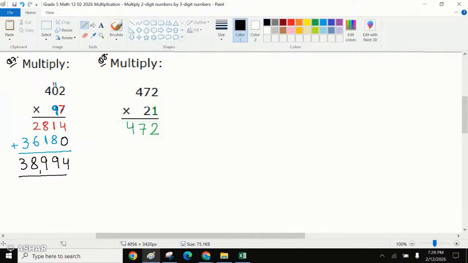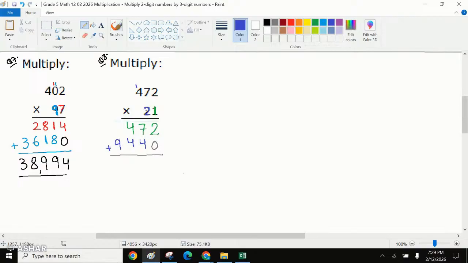Now when we multiply this 2 that is in the tens position, we know that whenever we are multiplying the tens, we put a 0. 2 multiplied by 2 would be 4. 2 multiplied by 7 would be 14. We carry a 1. 2 multiplied by 4 is 8. 8 plus 1 is 9.